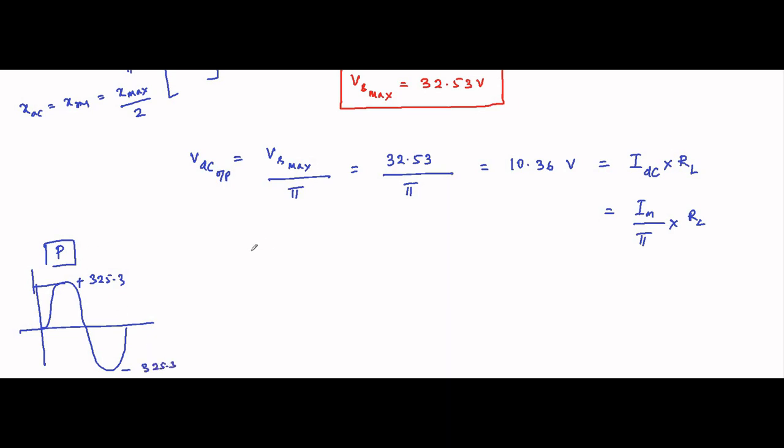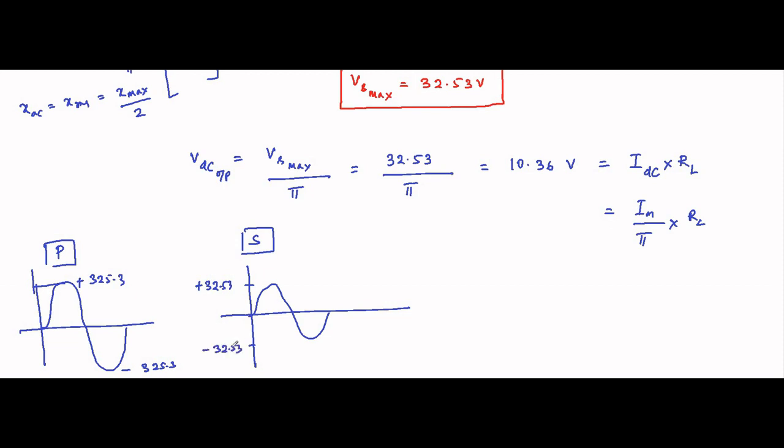When it is passed through the transformer, it is converted to plus 32.53 and minus 32.53.